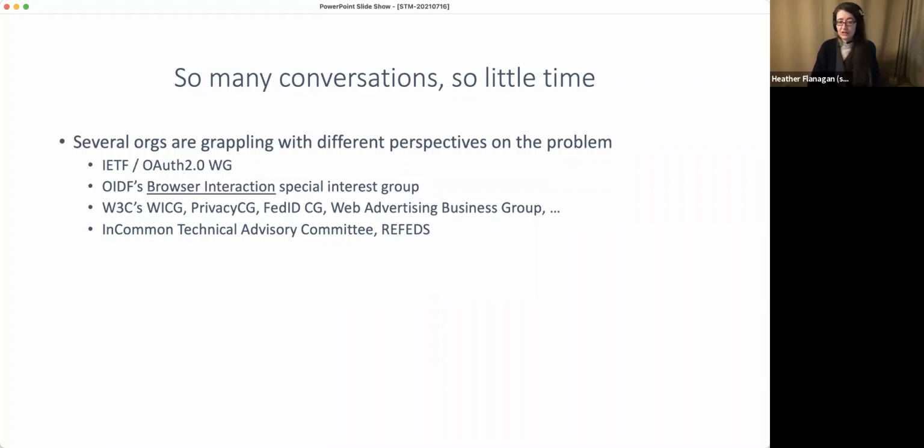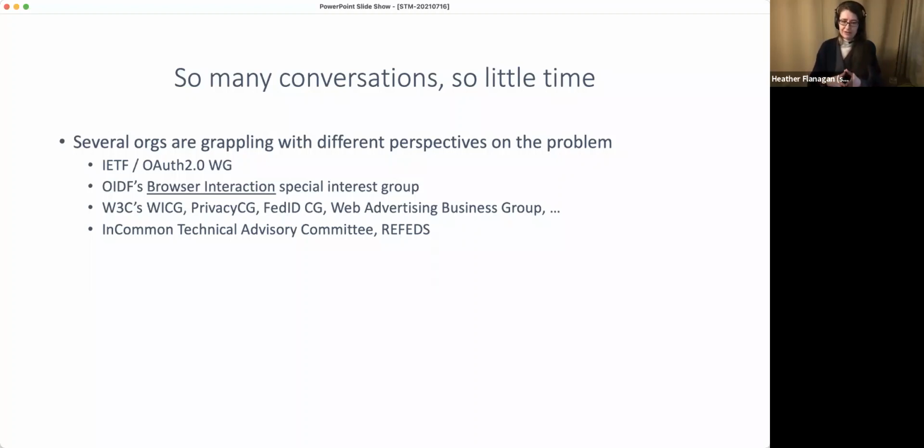The OpenID Foundation, which maintains the OpenID Connect standard, they've had a special interest group for browser interaction for quite some time, trying to figure out, well, what does this mean for browsers, largely from an OpenID Connect perspective? The World Wide Web Consortium, the W3C, they have a lot of different groups that are looking at this from different perspectives, from different interests.